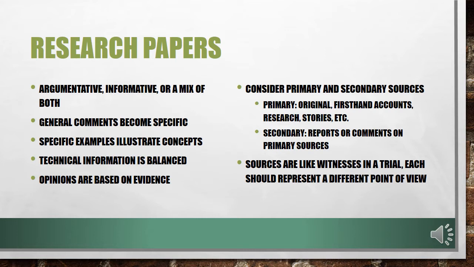Think of your sources like a witness to a trial. Each represents a different point of view. Each has different considerations and limitations. Think of several witnesses in this case. First, you have a perfect, wonderful witness who saw everything, remembers everything, heard everything. Then you have a witness who's a friend of the accused, and you have a witness who's a friend of the defense.